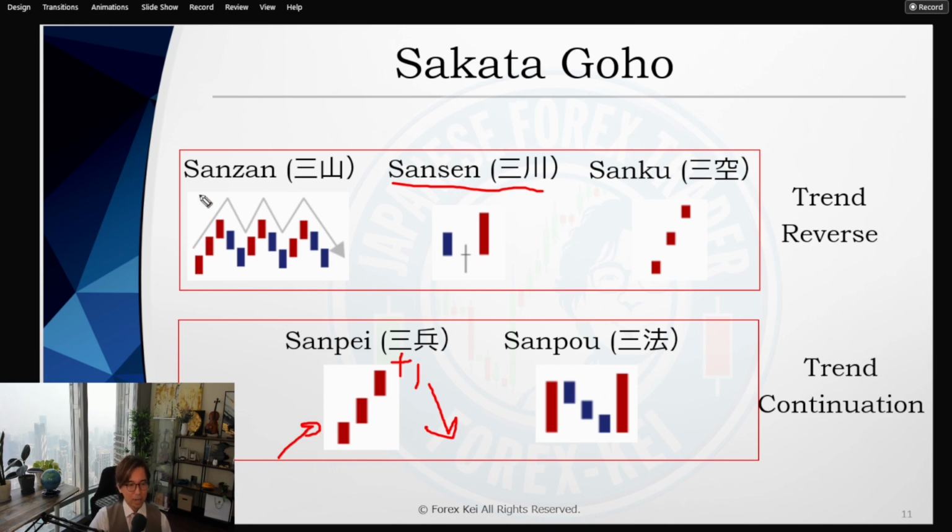It can be Sansen also after Sanpei or Sanpou. So if you look at the markets by candlesticks and simply read the markets by these patterns, then you know exactly what's happening among the markets. So that's how I view the markets and also take trades with Ichimoku Kinko Hyo together.